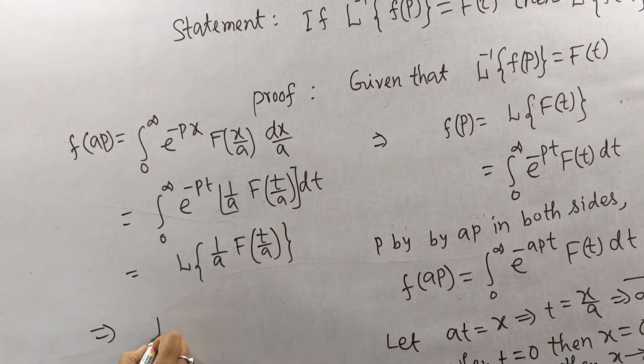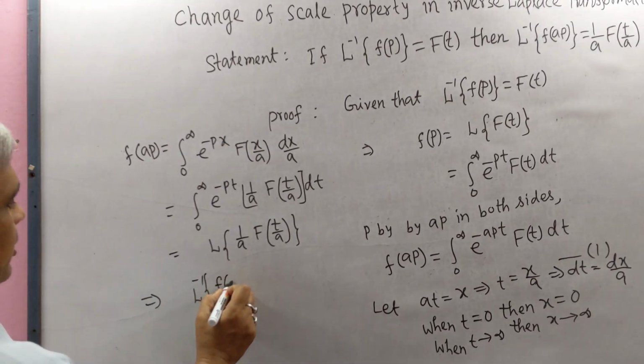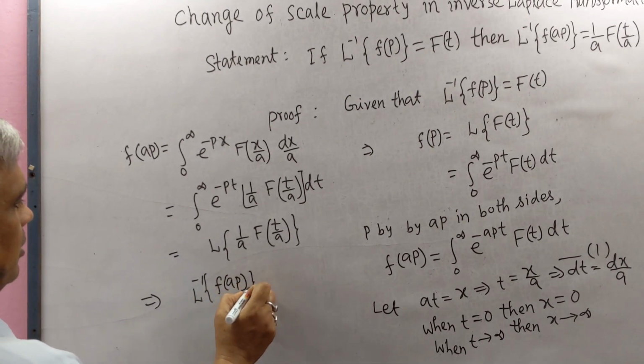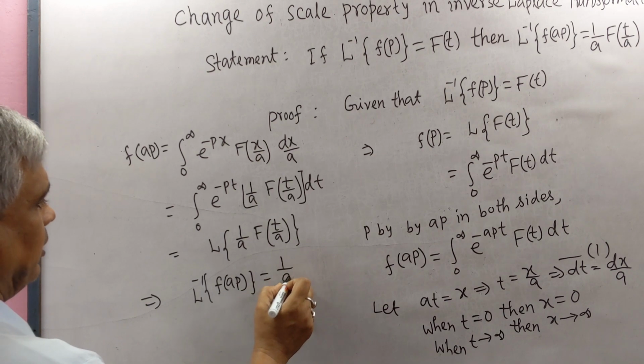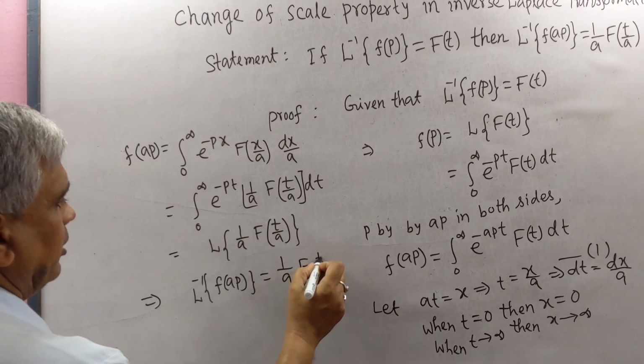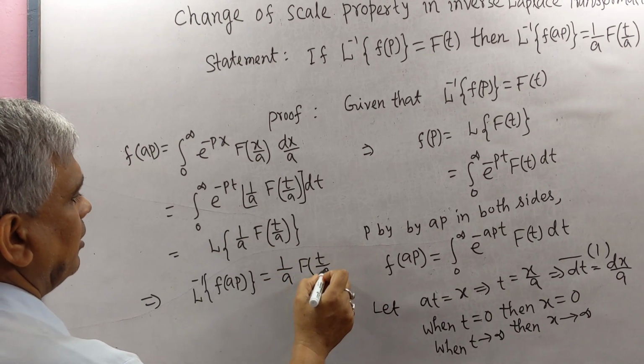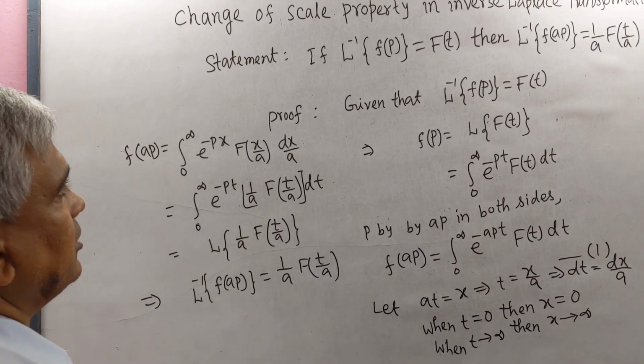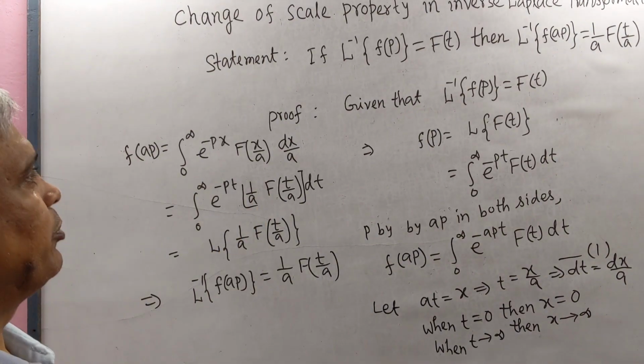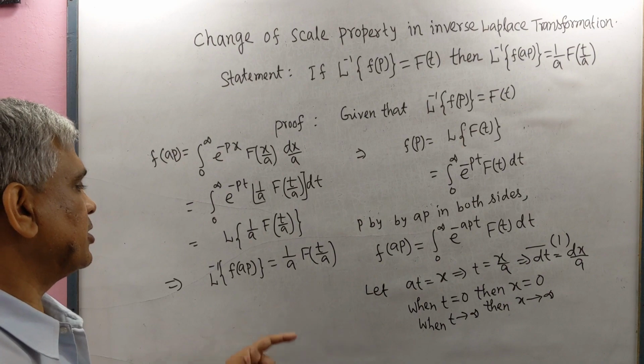This implies that L inverse F(ap) equal to 1 by a f(t by a). This is the change of scale property in inverse Laplace transformation.